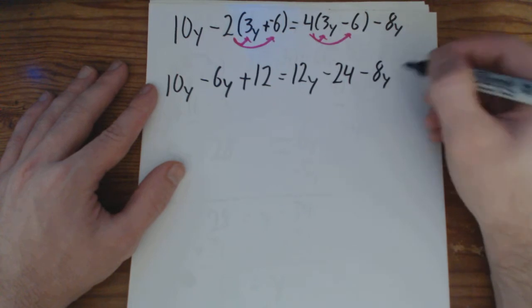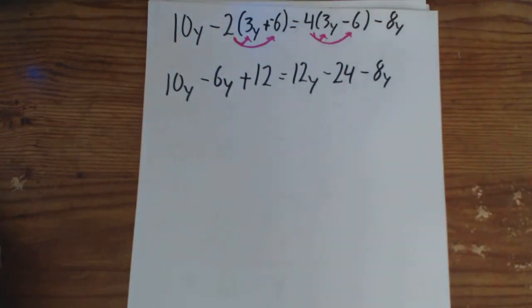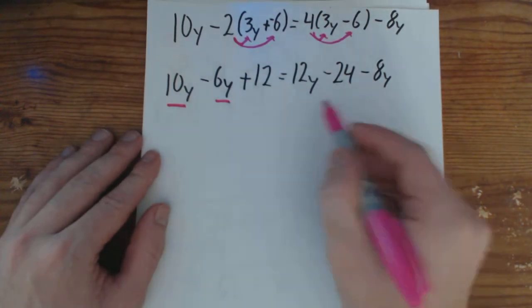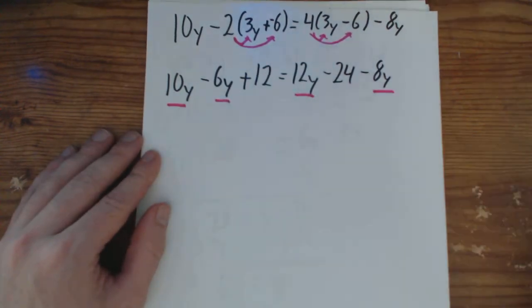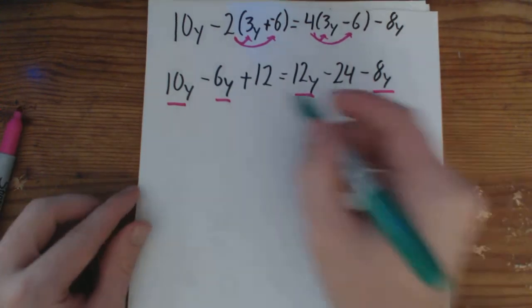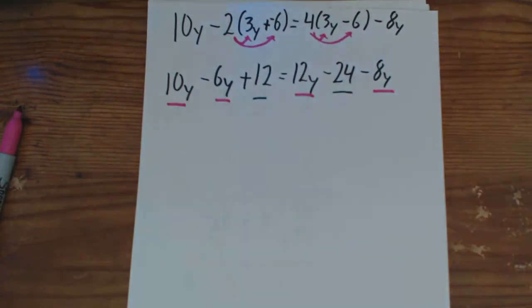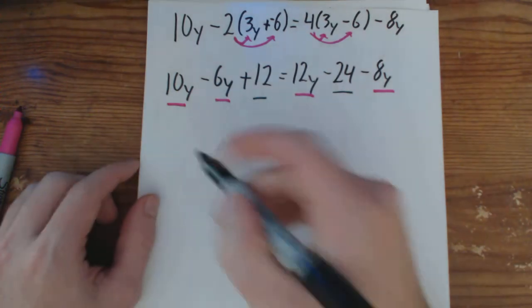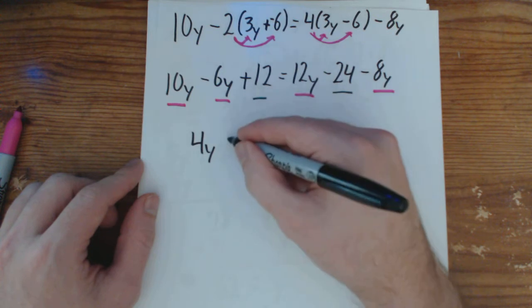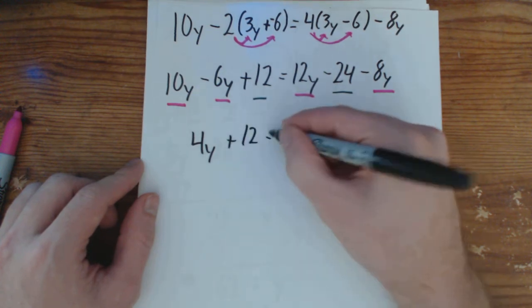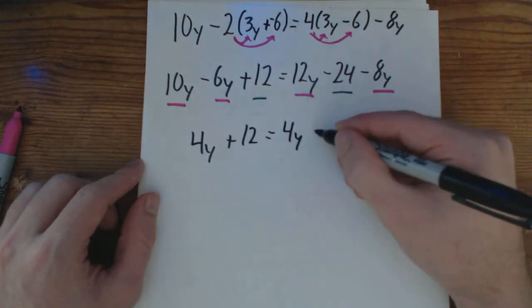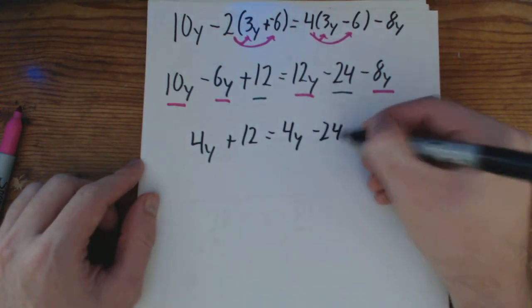Now, just like in our last problem, I'm going to underline some of my variables. Those are all my y's. And I don't have too many numbers here. So 10y minus 6y, that's going to leave us with 4y plus 12. That's going to equal 12y minus 8y, which is 4y, minus 24.